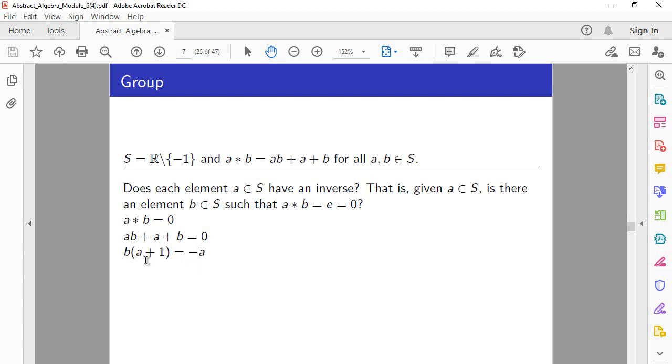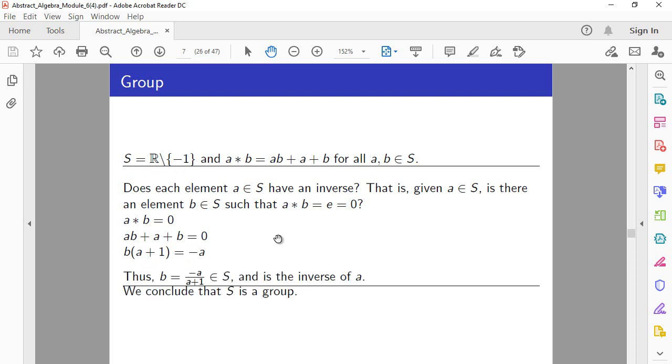Remember, A is an element of S, so A is not -1. Because A is not -1, A plus 1 is not 0, so I can divide both sides by A plus 1.